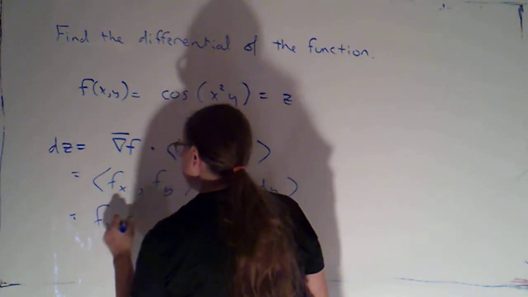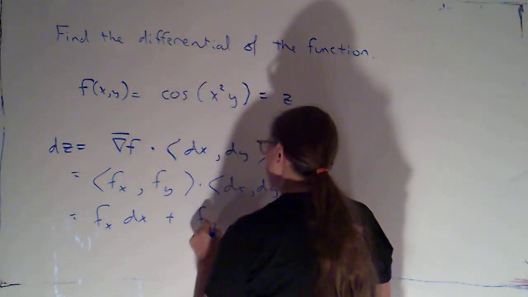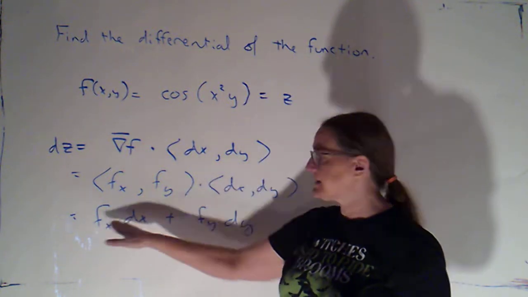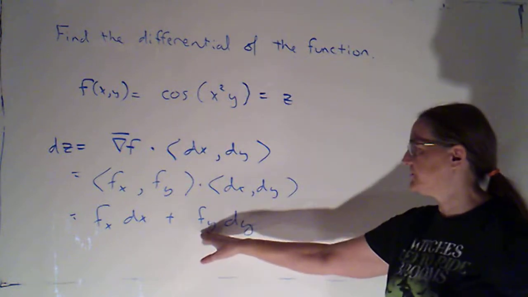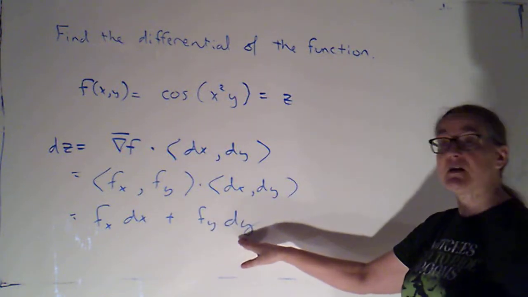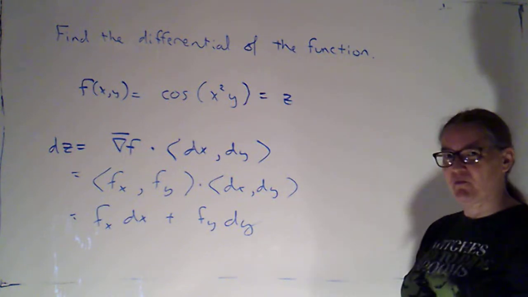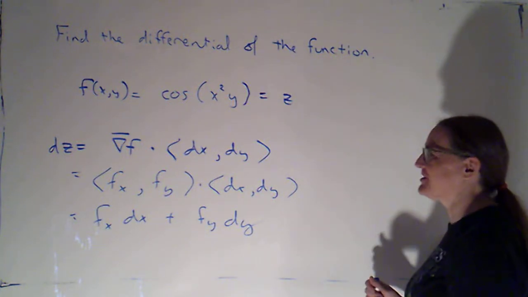So that's just f sub x dx plus f sub y dy. The partial derivative with respect to x times dx plus the partial derivative with respect to y times dy. And that's encapsulating what we talked about when we were first talking about building this candidate for our tangent plane.